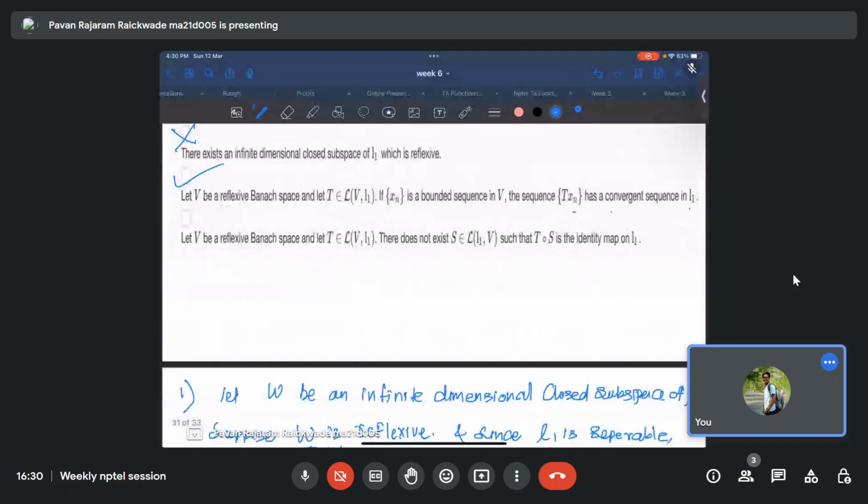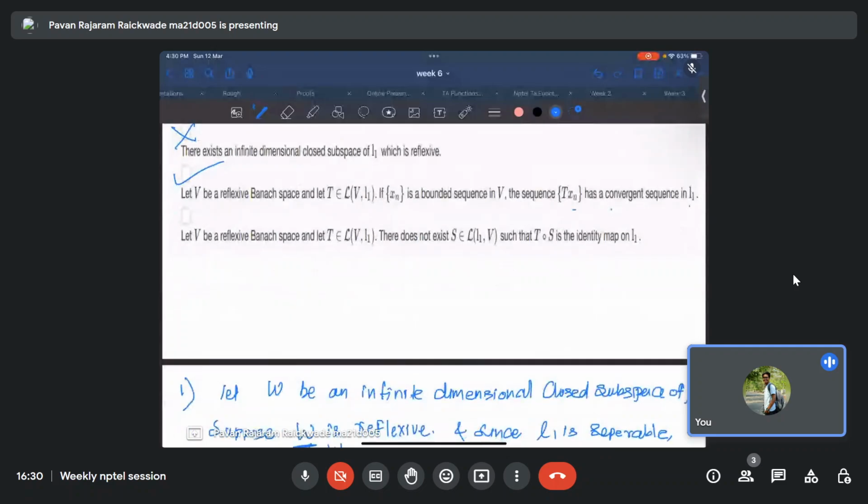Now the third option: V is a reflexive Banach space, same T from V to L1. There does not exist an S from L1 to V so that T composite S is the identity map on L1.